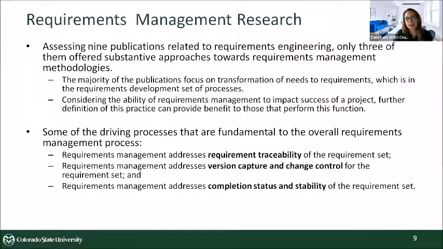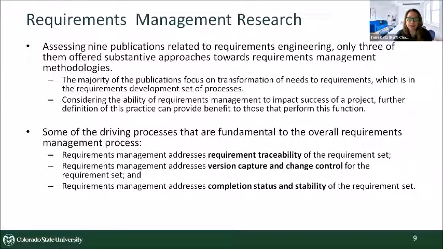So I looked at 9 different publications. I have all of this written in the dissertation, so I won't go into great length about them, but I found some themes. There's a huge amount of information about how to transform needs into requirements, and all the publications had some in-depth model or set of instructions on how to do this.